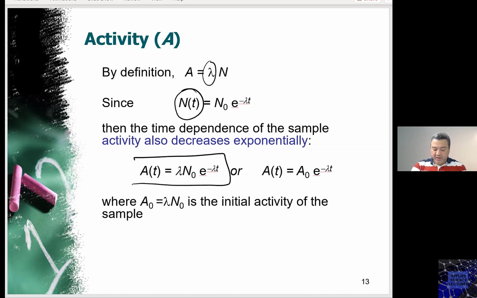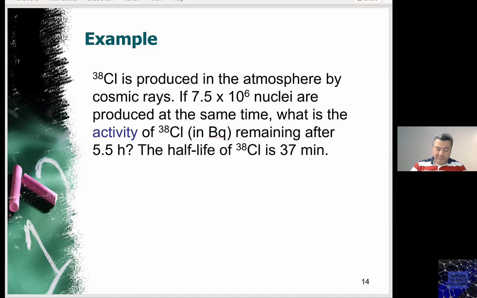Now this is my activity function. Then I can substitute and get A naught this time, which is N naught times the decay constant per second. This I'm calling the initial activity. A naught is the initial activity. The function is exponential, no difference. However, this function defines the rate of the decay.